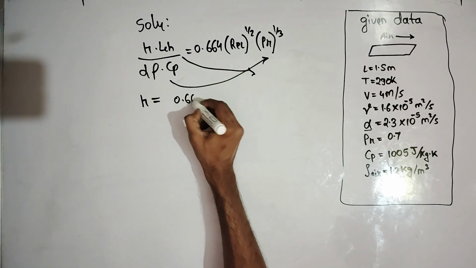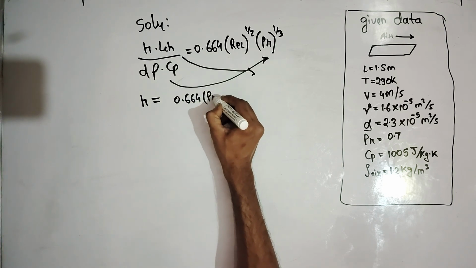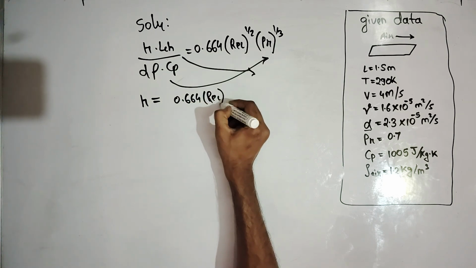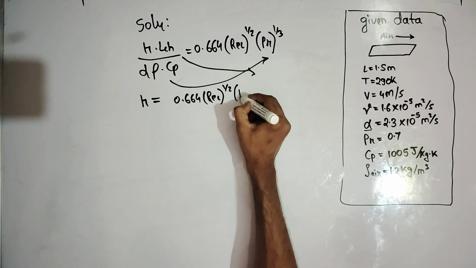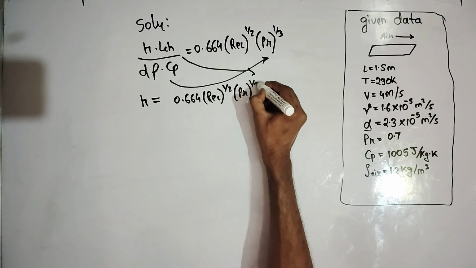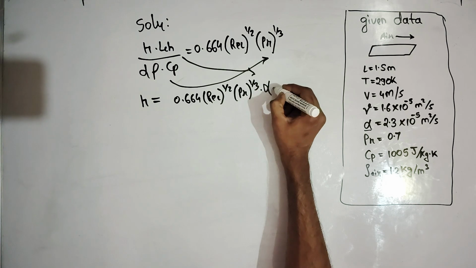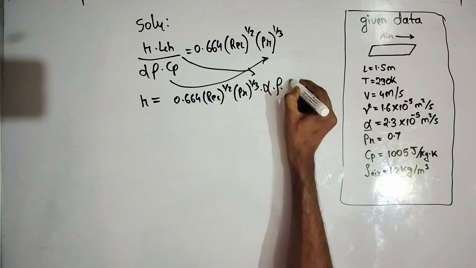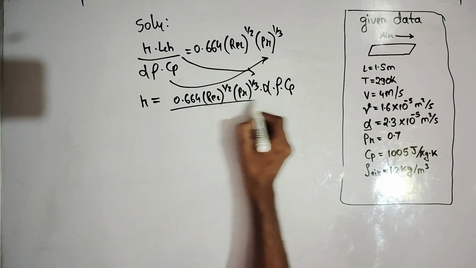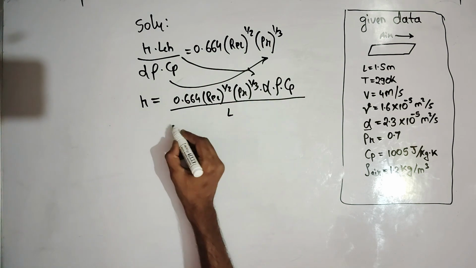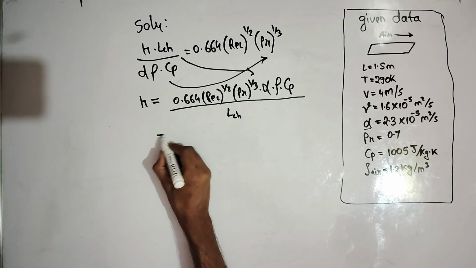So h equals 0.664 Reynolds number to the power 1 by 2 Prandtl number to the power 1 by 3 into thermal diffusivity into density into heat capacity upon length L_ch.